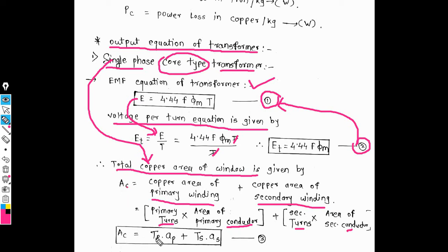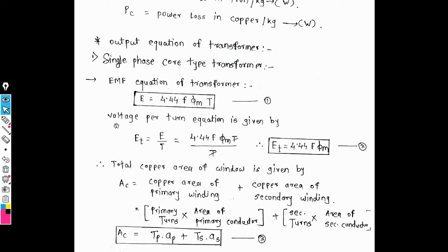Then Ac is equal to Tp into Ap for the primary side, plus Ts into As for the secondary side, that is secondary turns into the area of the secondary conductor. This is the total copper area of the window.